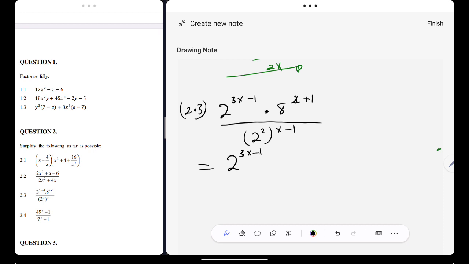3x minus 1, here it will be 2 cubed all raised to the x plus 1. Please note that whenever I have a situation like this, the exponents and powers, they would always multiply each other. This and this are together, so I'll have 2x minus 2.